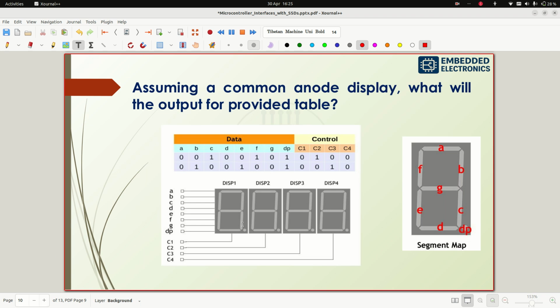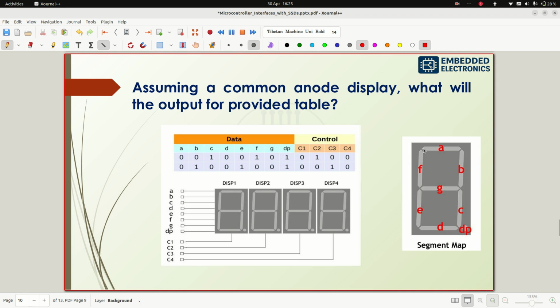See here, 0 0 1 0 0 1 0 1, and here we selected C2. C2 means this one, right? C2 means this particular SSD is selected. Now this is common anode connection, right? So 0 means it turns on that particular LED.